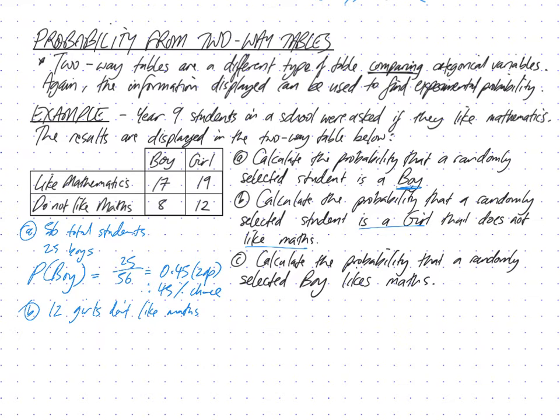I'm randomly selecting a student. So that means I'm selecting from any student. So probability of a girl who doesn't like maths is going to be 12 out of 56. 12 divided by 56 is 0.2142. So 0.21 to 2 decimal points. Therefore, 21% chance.